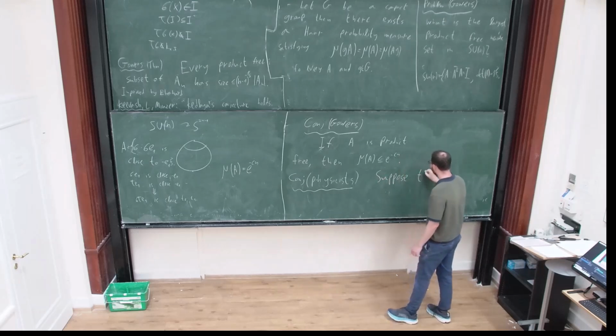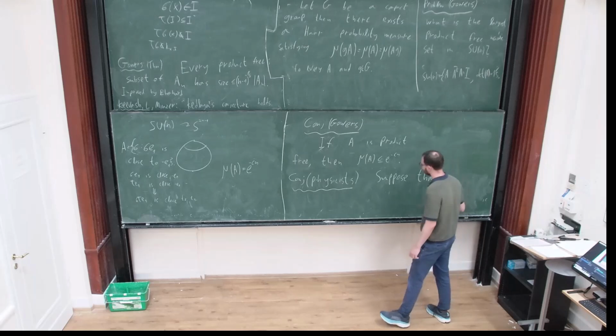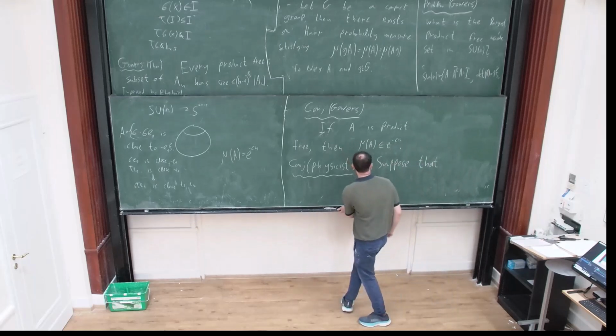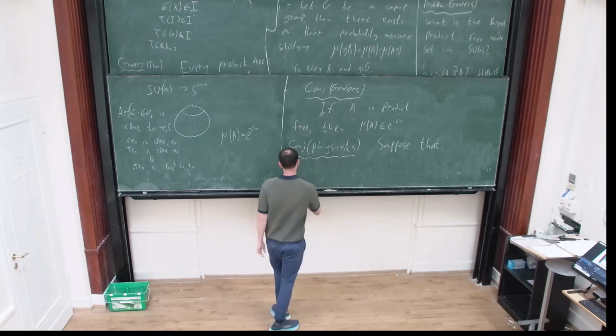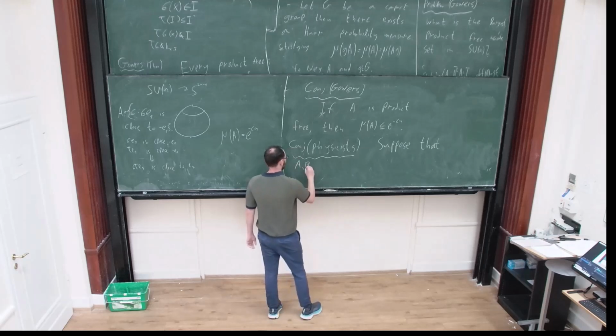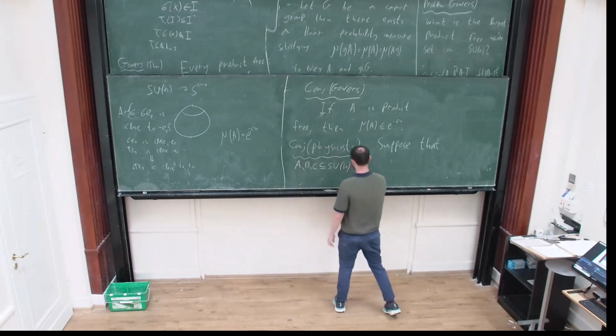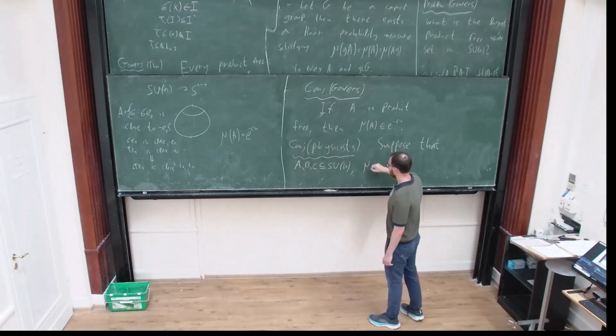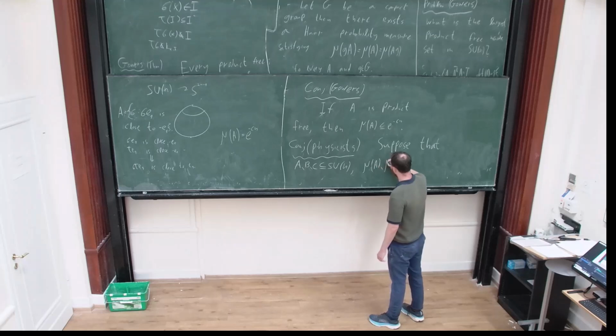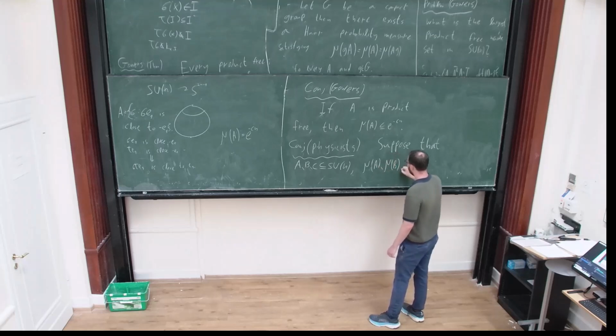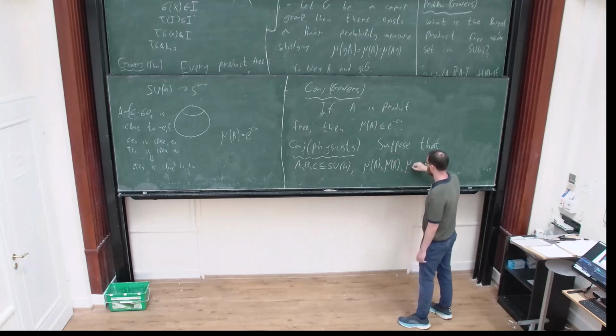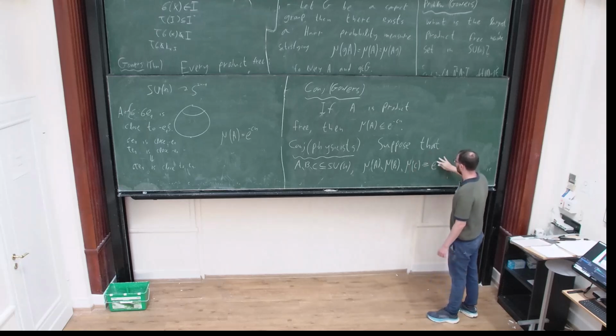So suppose that you have subsets of SU_n, and you have three sets of measure at least e to the minus Cn^(1/3).